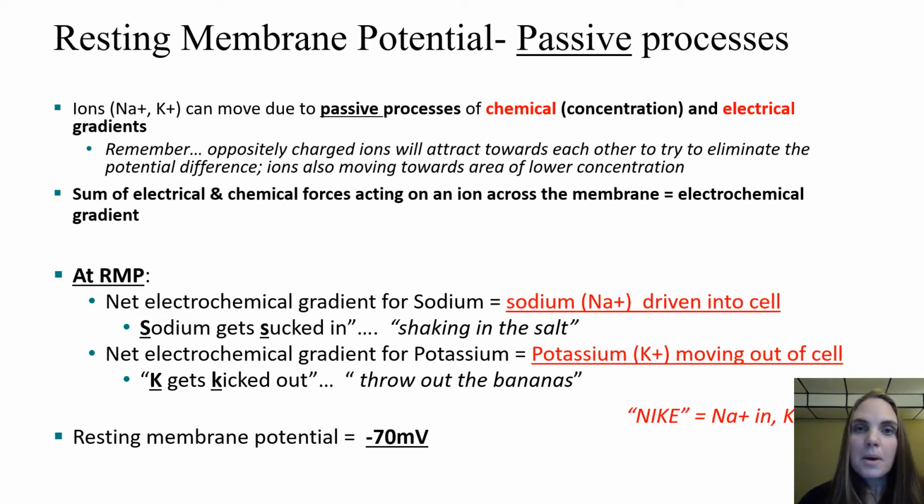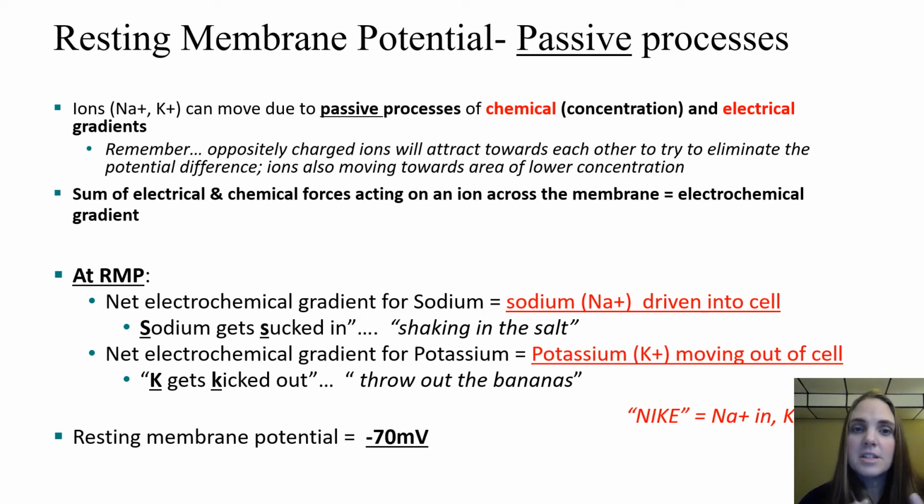So let's talk about those passive processes again. The ions, sodium and potassium, can move due to those passive processes of chemical or concentration gradient and electrical gradient. Opposite charged ions are going to attract towards each other and try to eliminate that potential difference. And then the ions are also going to move towards the area of lower concentration. So that's our chemical gradient.